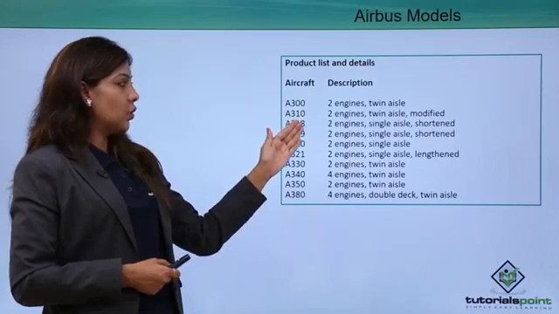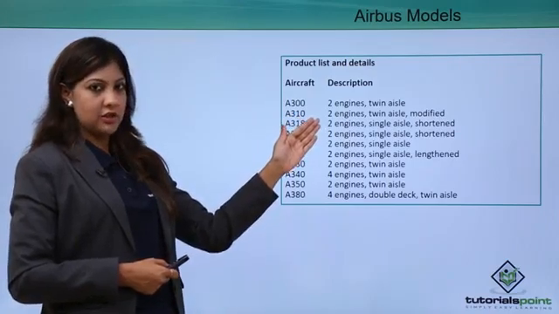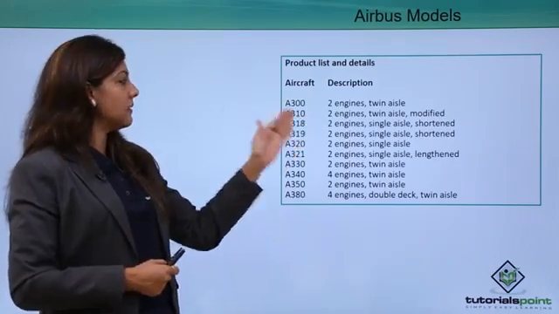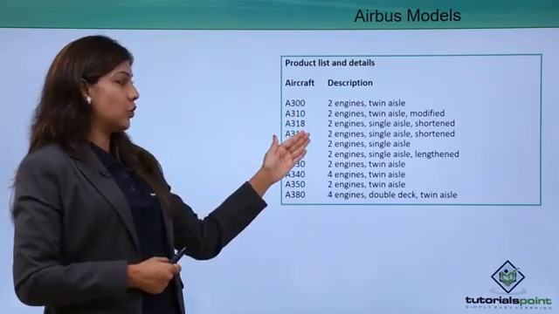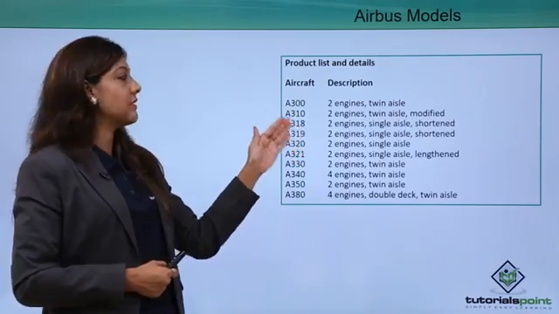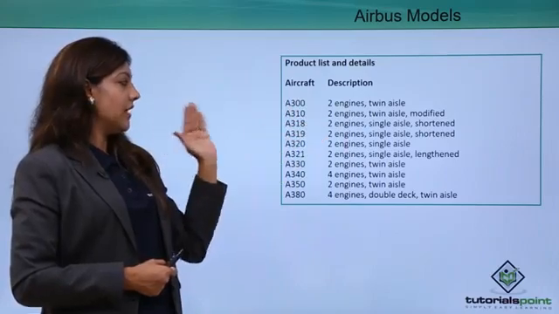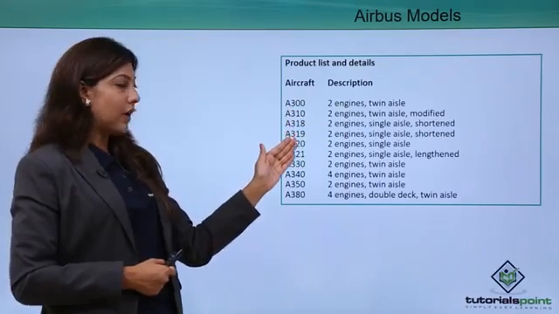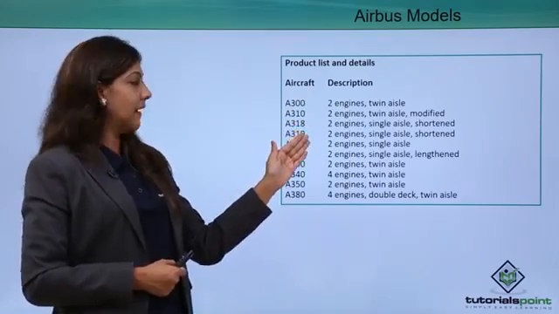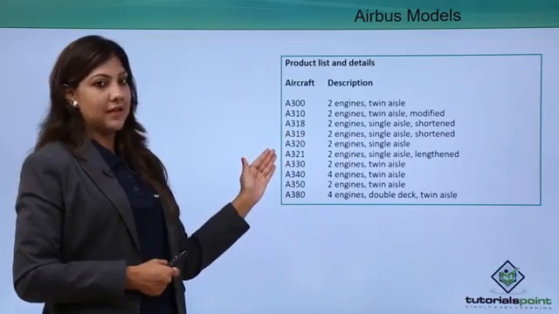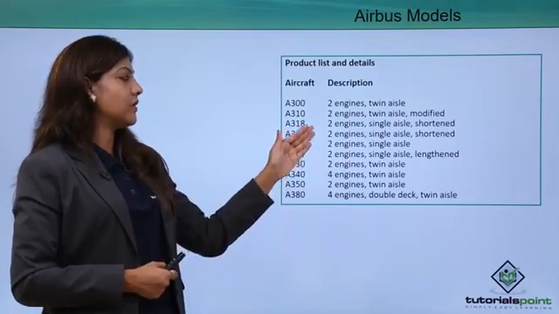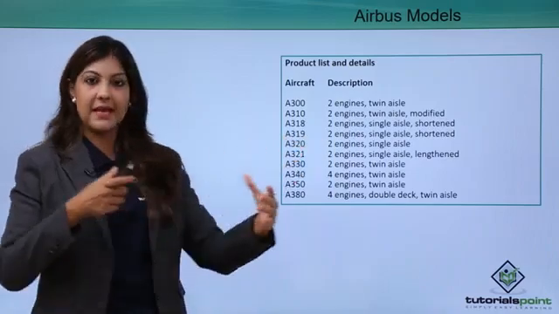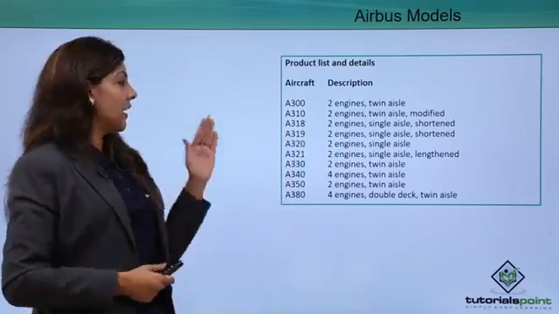Airbus 318 is two engines, single aisle, and it's shortened, meaning it goes only short distances. Airbus 319 is twin engine, again two engines, single aisle and shortened. Airbus A320 is two engines and it has only a single aisle. A321 is two engines, single aisle, and it's lengthened, meaning it has a very large body.